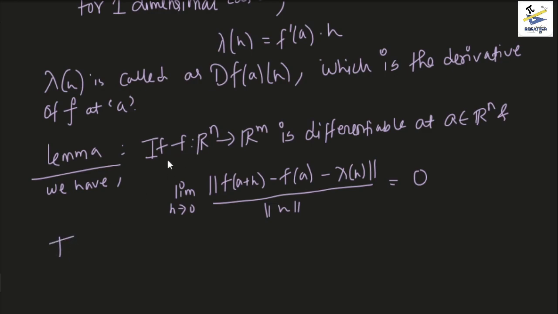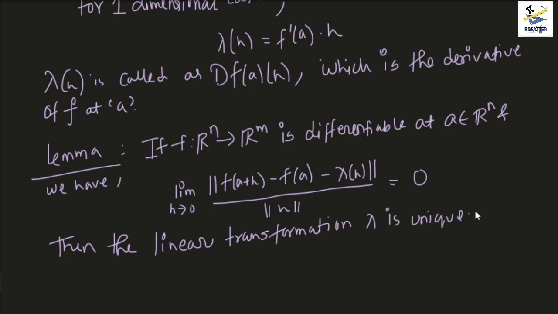So if f from R to the power n to R to the power m is differentiable at some a belonging to R to the power n, and we have the following limit, limit h tends to 0 of the norm of f of a plus h minus f of a minus lambda of h divided by the norm of h equals 0, then the linear transformation lambda is unique.